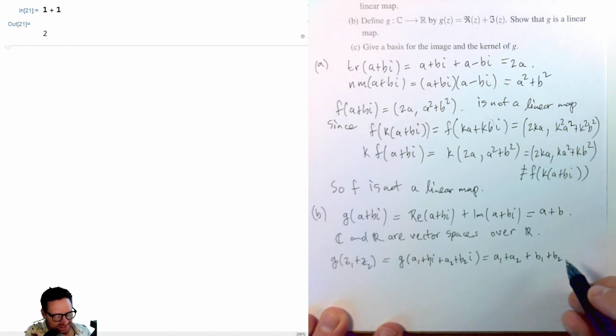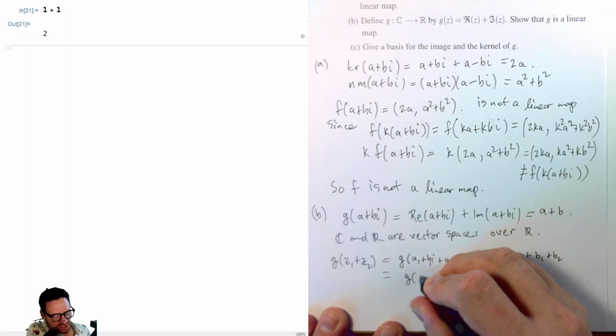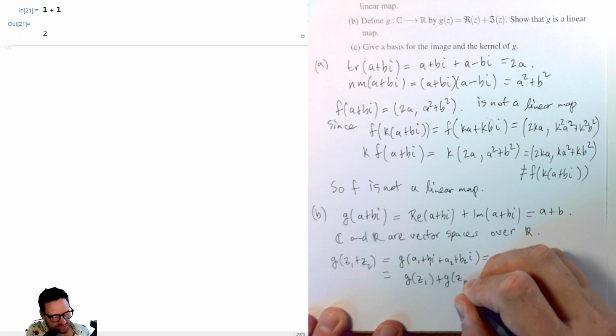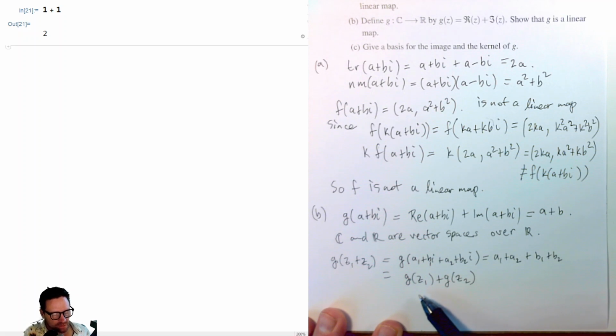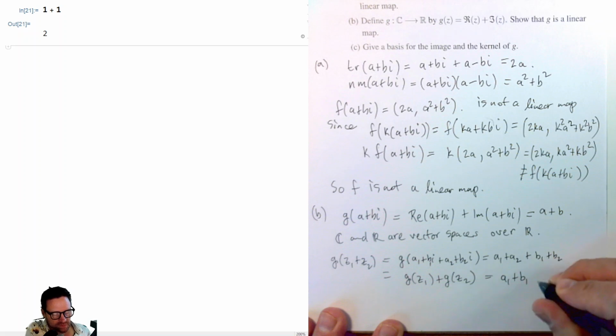And so this is equal to G of Z1 plus G of Z2, which would be A1 plus B1 plus A2 plus B2.